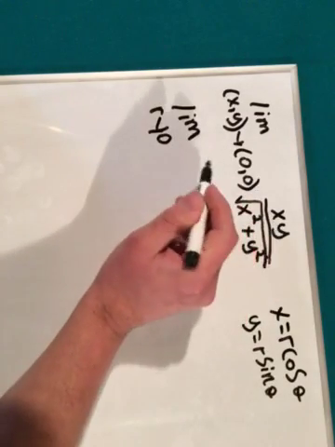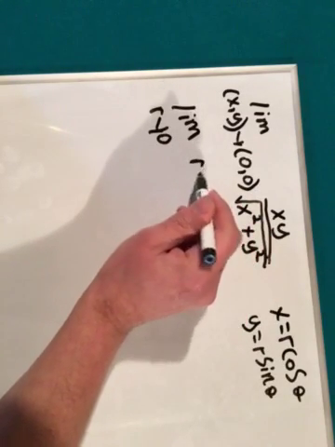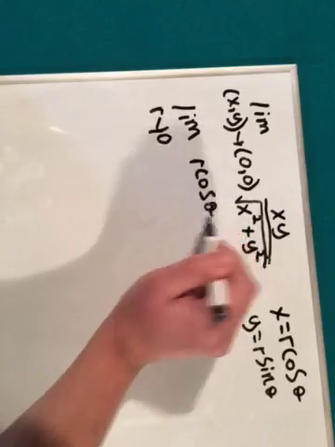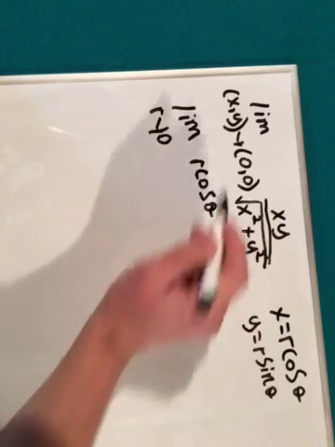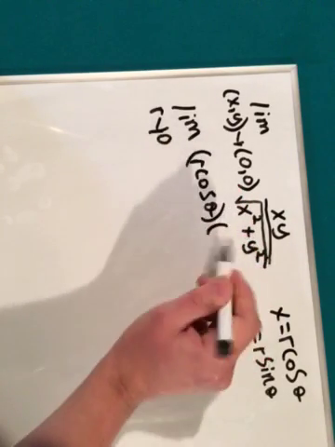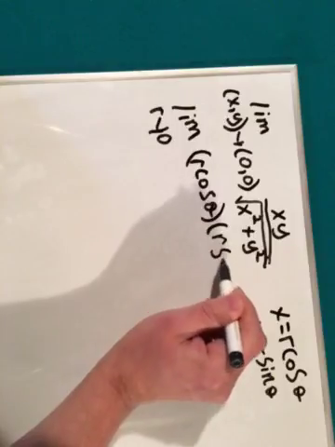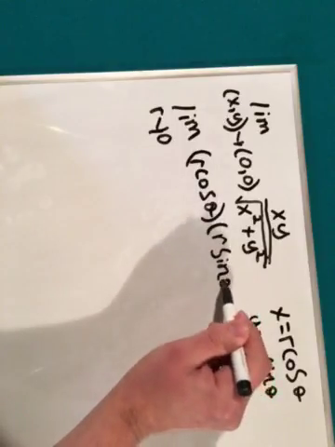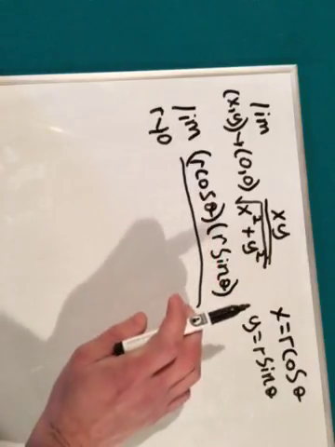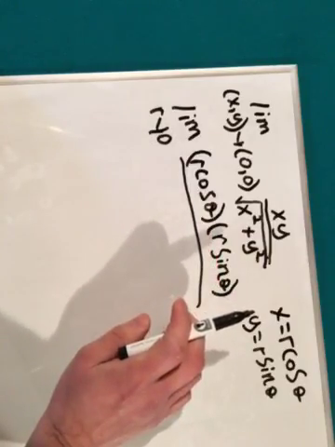Well, x is r cosine theta, times y. Well, y is r sine theta, over the square root of x squared plus y squared.